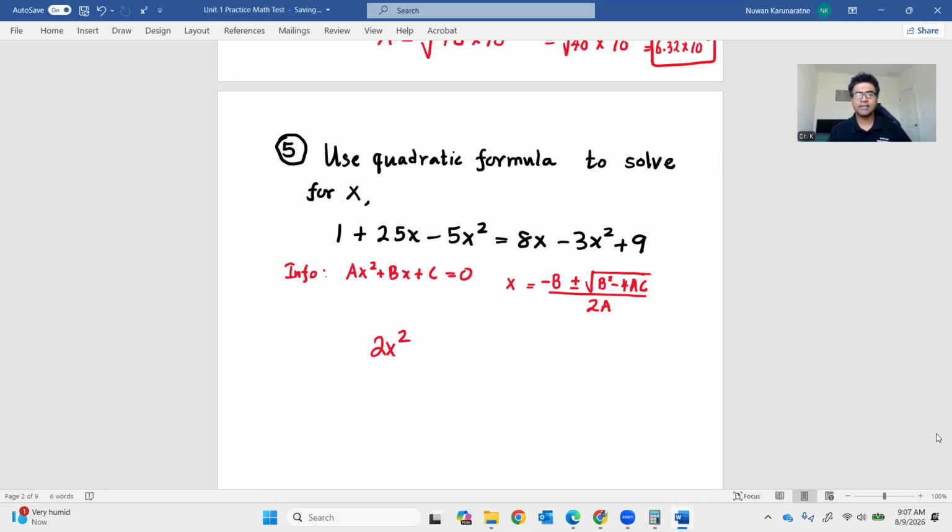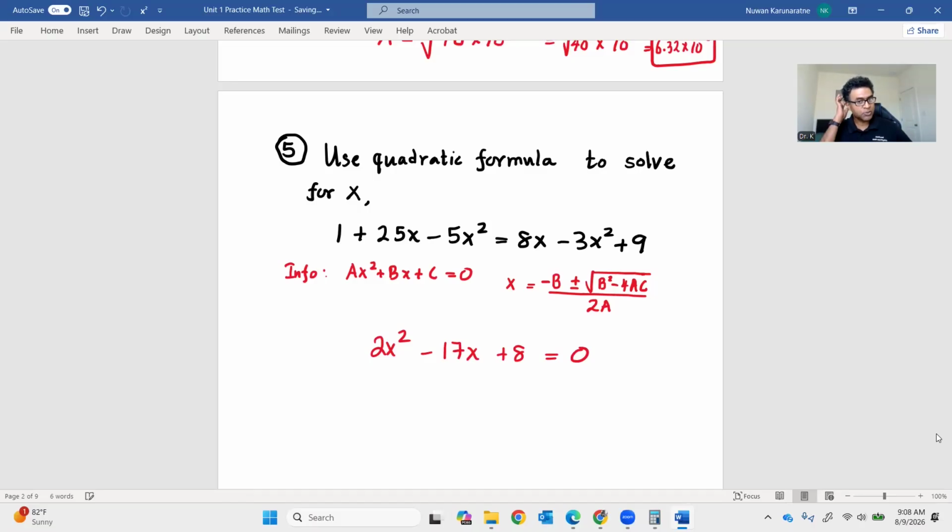Then I take this 25 to the other side, so it becomes negative 25. And then I have a plus 8x, so that's going to be a negative 17x. And then this 1 goes to the other side: 9 minus 1 is 8, a plus 8. So that's our simplified version of the quadratic equation.